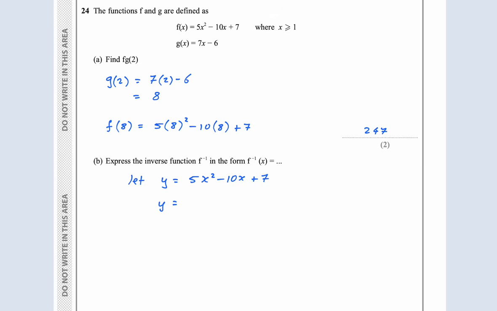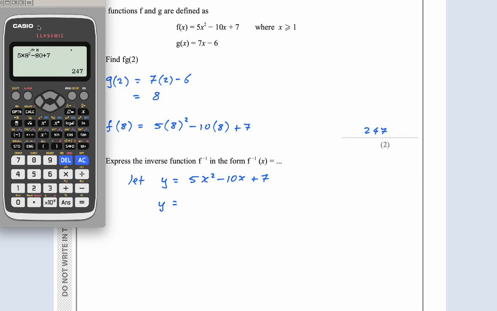I've got a special way of completing the square, because this is quite a tricky one, using the calculator. If you go to, again, equation, polynomial degree 2, put in our quadratic, which is 5x squared minus 10x plus 7.